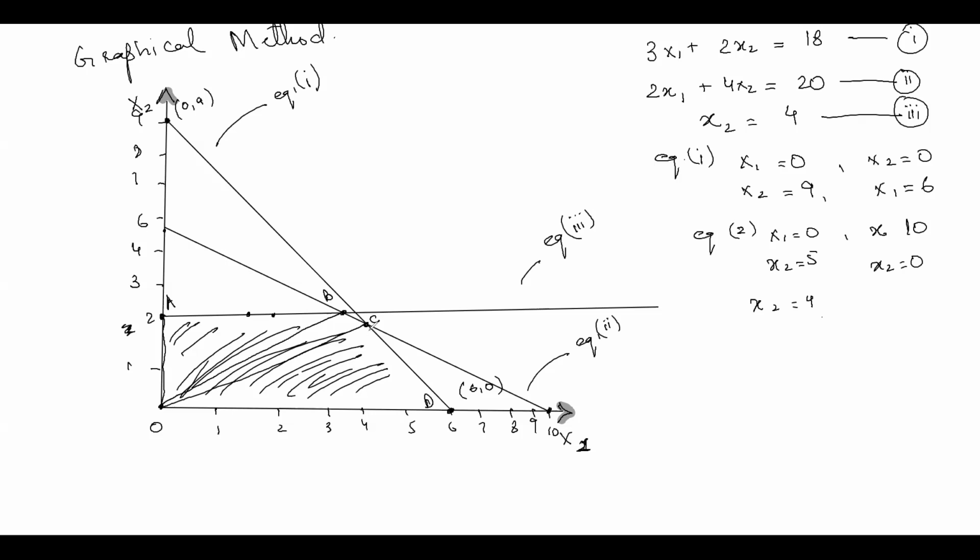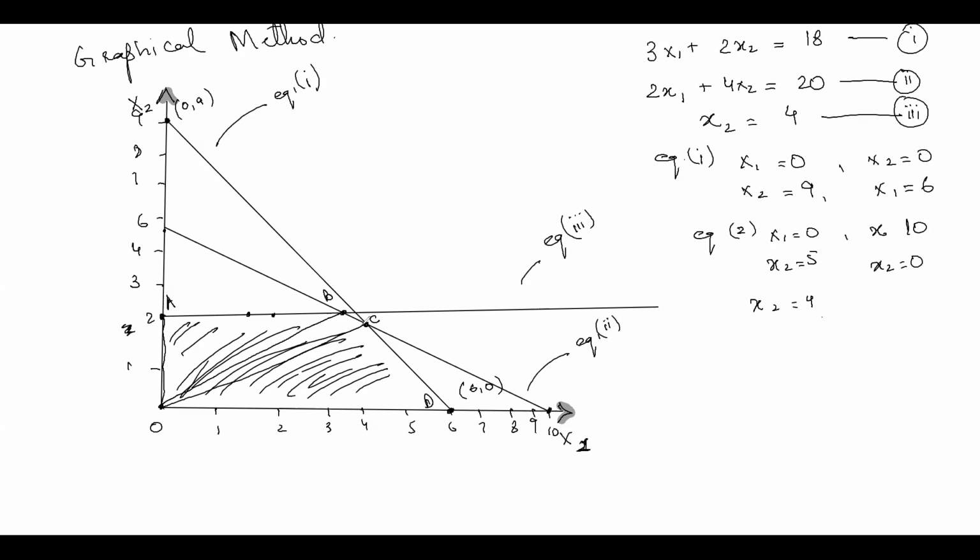I can see from my graph that point number C is furthest away from doing nothing, the 0 point. So if point C is furthest, this configuration of necklaces and bracelets will be giving me maximum profit. And what is this point number C?